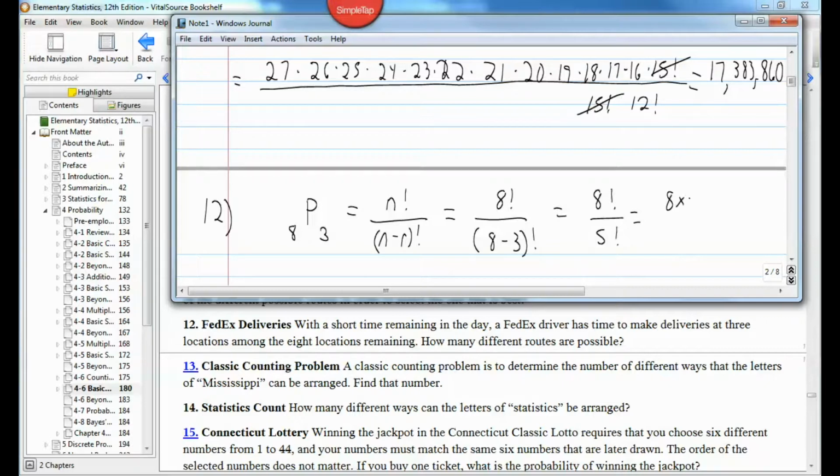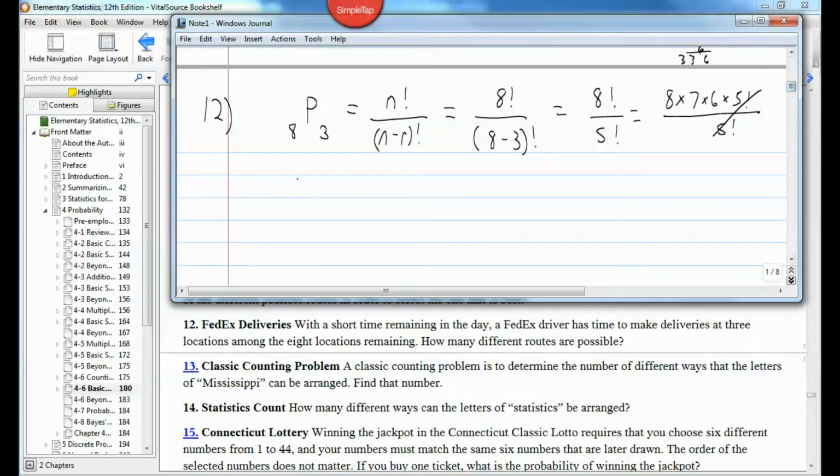You can work this one out pretty quick by hand by just reducing the numerator down to 5 factorial and then canceling that out. The only thing else we have to do is 8 times 7 times 6. 8 times 7 is 56, times 6 is 336. So there are 336 unique routes that he can take.